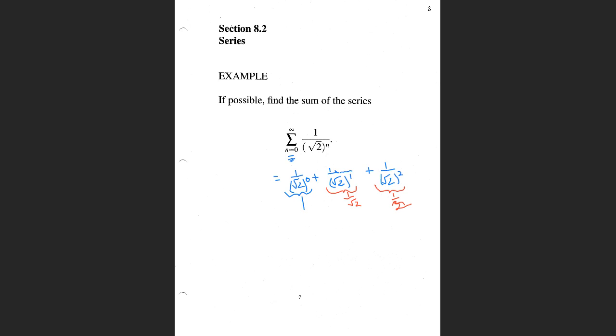And if we go out another term, what would the next term be? 1 over 2 square root of 2. Good, Maria. So this series is equal to 1 plus 1 over square root of 2 plus 1/2 plus 1 over 2 times the square root of 2.